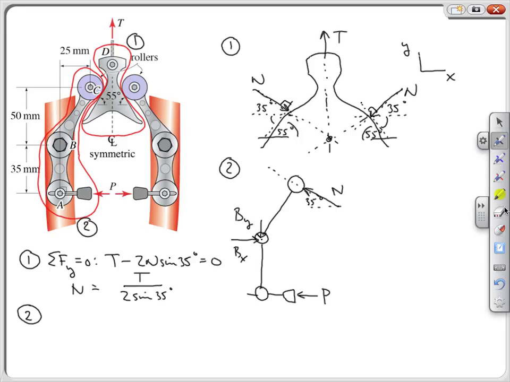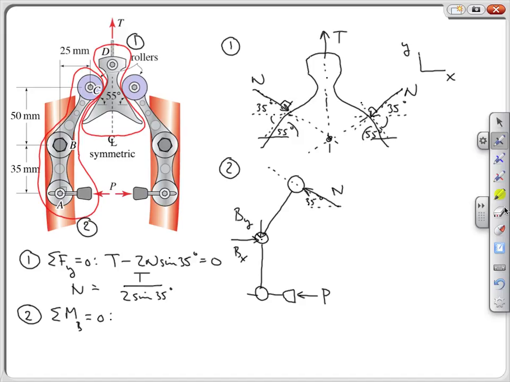For our second free body diagram, we can begin by taking moments about B and setting that equal to 0. Here it will help to break up our normal force N into its horizontal and vertical components. In this case, both components are exerting positive moments about B, and the force on the brake pad P is exerting a negative moment.